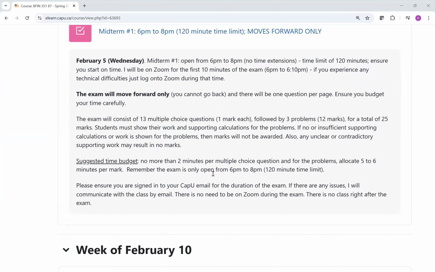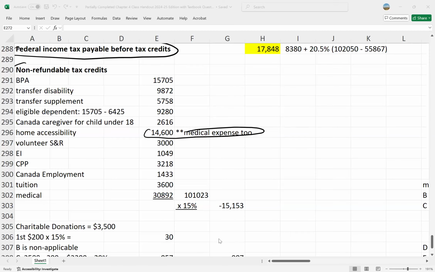So you're not going to get, once again, a huge problem like the one we just did. But there might be parts of that that will comprise one problem. So one of the problems might just give you the taxable income. And then you have to finish the rest of the question by calculating the federal income tax given the taxable income, and then all the non-refundable tax credits.